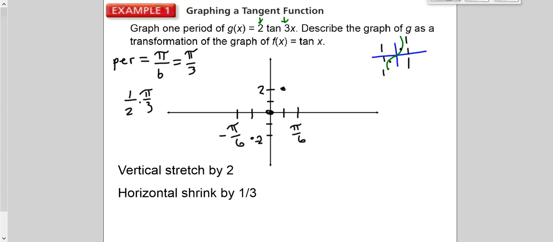We need to draw our asymptotes. And then our curve.